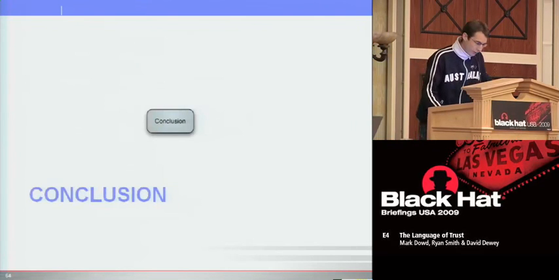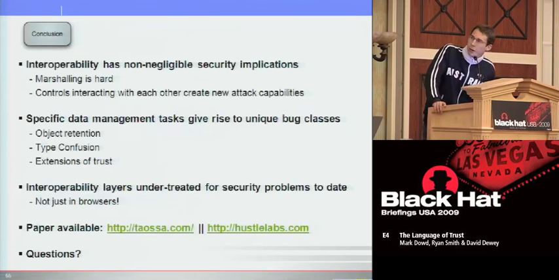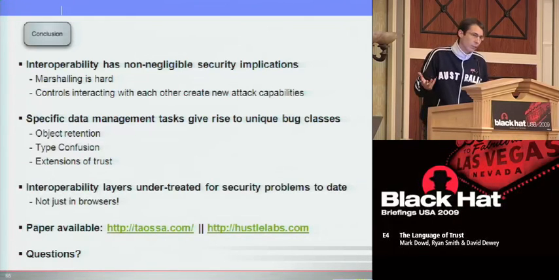Okay, so that's basically what we had. Our conclusion is essentially that these, like we said at the beginning, these interoperability layers are quite large, and it's quite an interesting attack surface. And the specific tasks that they have to perform give rise to these unique bug classes. So instead of just looking for buffer overflows and stuff like that, there's type confusion, object retention, and all that kind of thing.